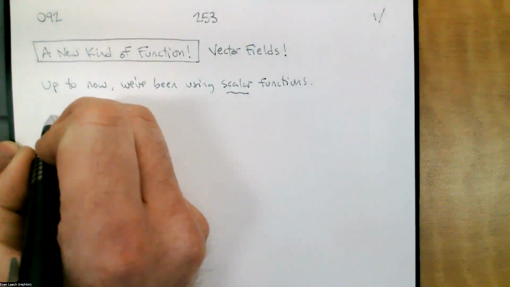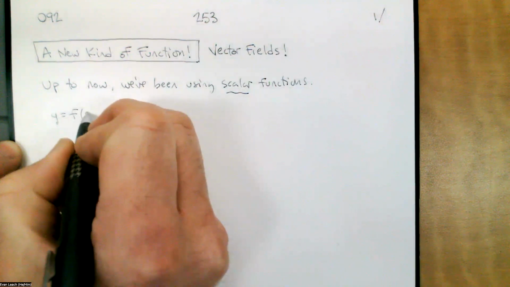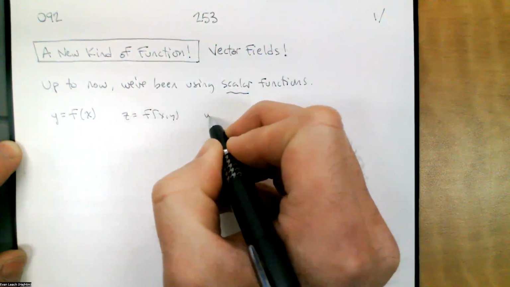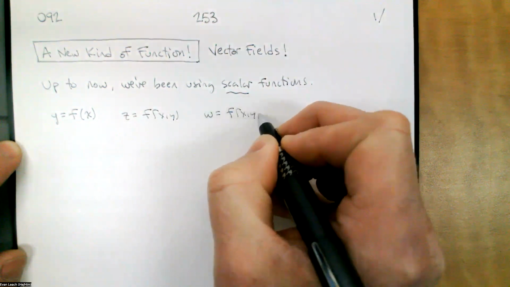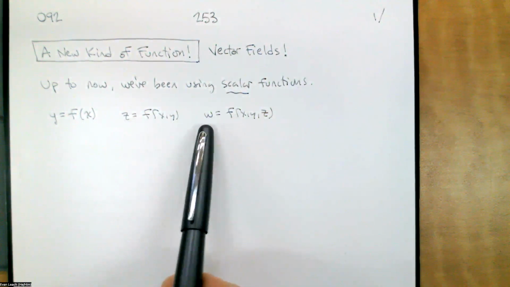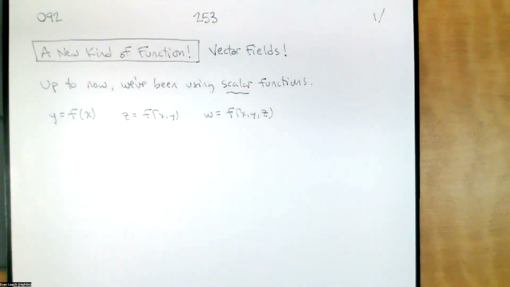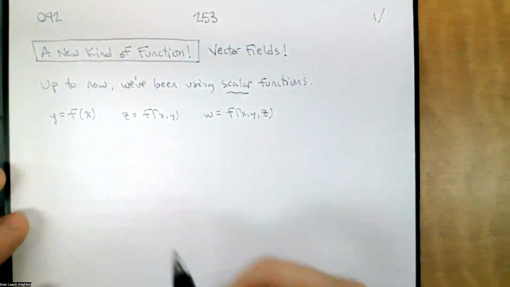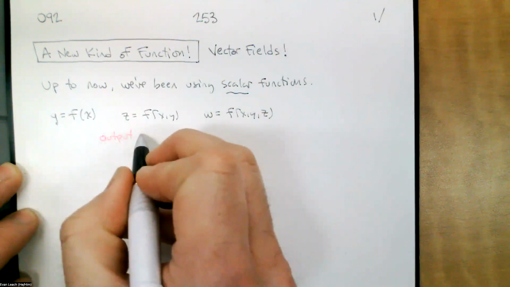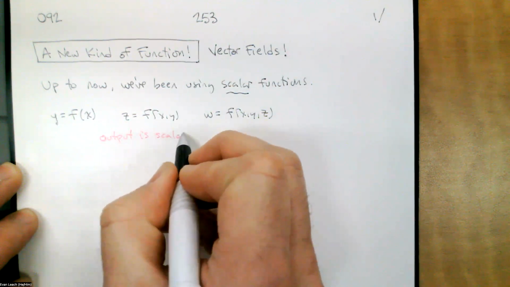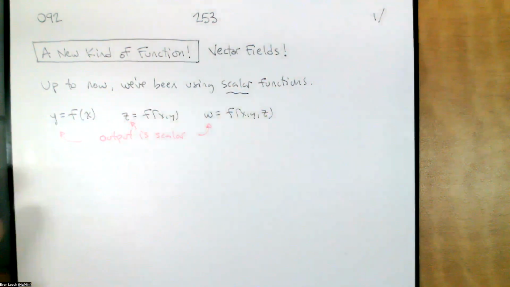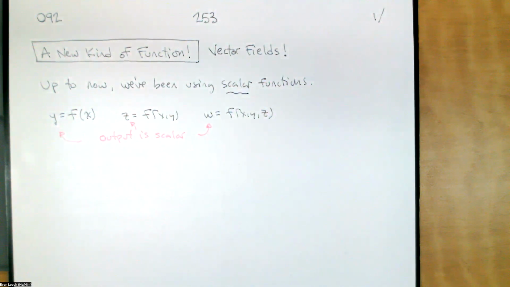So y equals f of x, or z equals f of x, y, or w equals f of x, y, z. We input a real number, an ordered pair, an ordered triple, and out pops a scalar. The thing here is that the output is a scalar. For y, z, and w, the output is always a scalar.